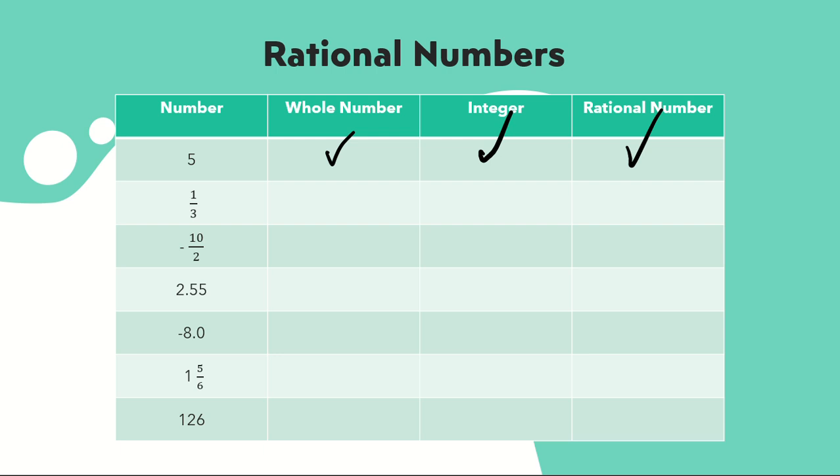One-third is a fraction, so it'll just be considered a rational. A negative 10 divided by 2 gives me a negative 5, which makes it an integer and a rational. 2 and 55 hundredths has a decimal part, so that automatically makes it a rational number.